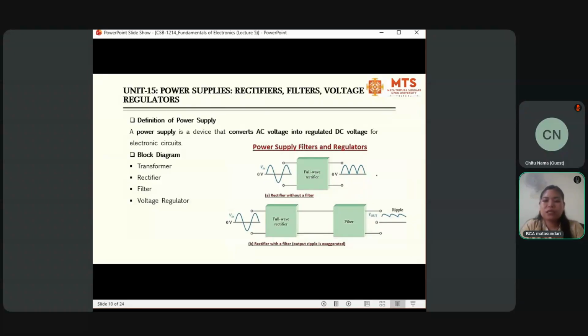The first diagram is taken, then they have added the filter. Then the output will show ripple. You see, it's not like the first diagram, which is consistent, no? So here there will be ripple if we use the filter.